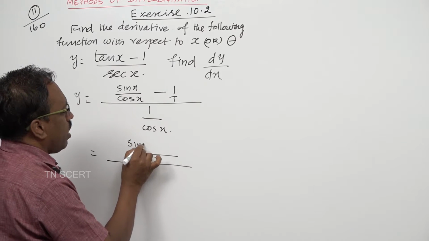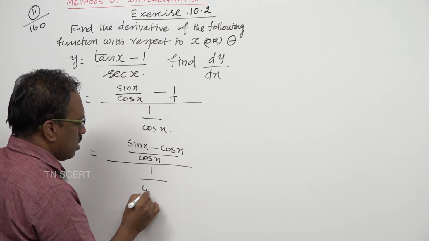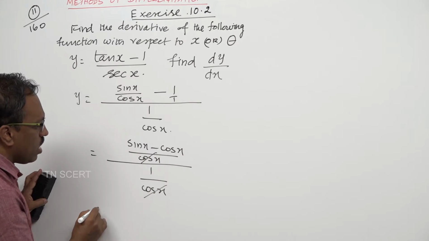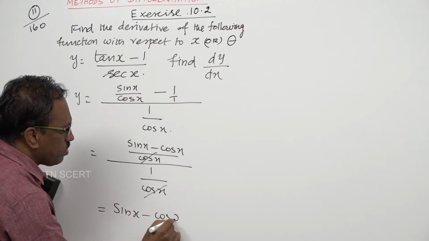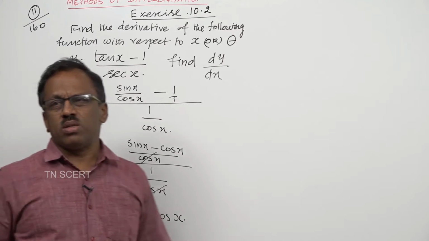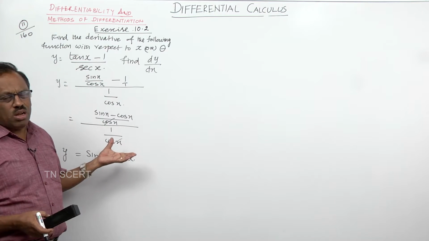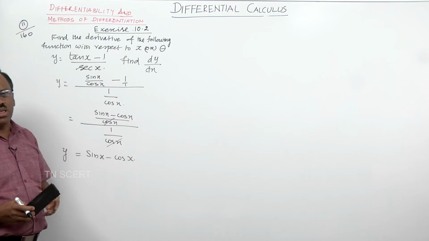So sin x minus cos x, and 1 by cos x, remember that cos x gets cancelled. So y is equal to sin x minus cos x. Such a big expression we made into a simple one, sin x minus cos x.